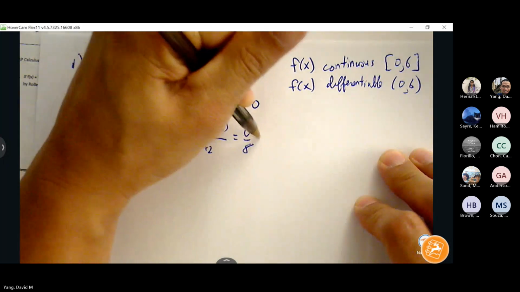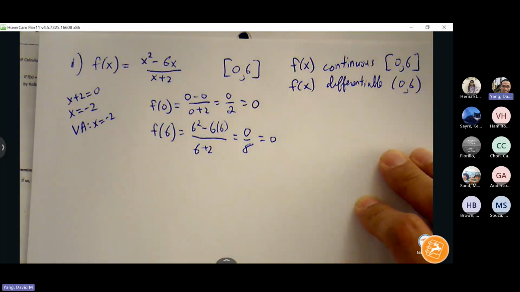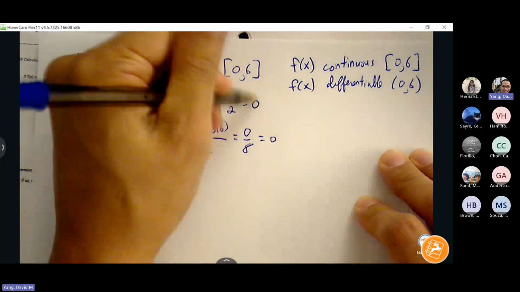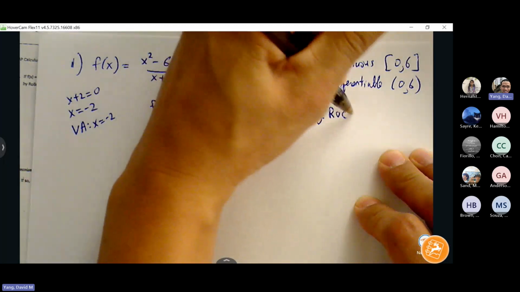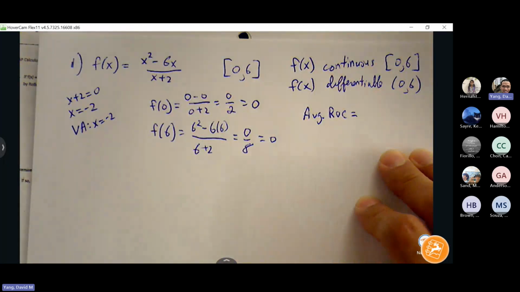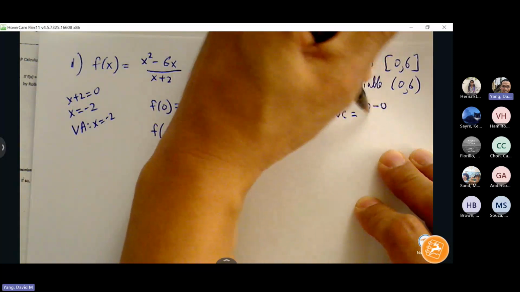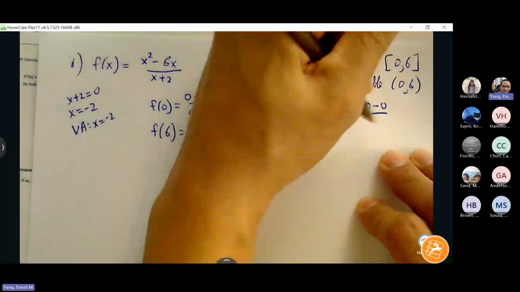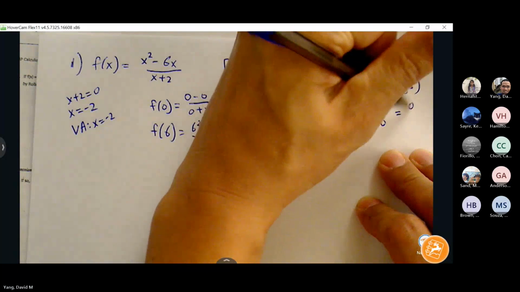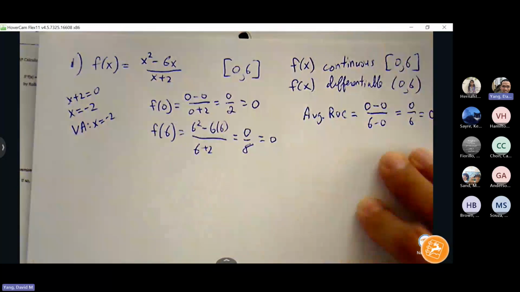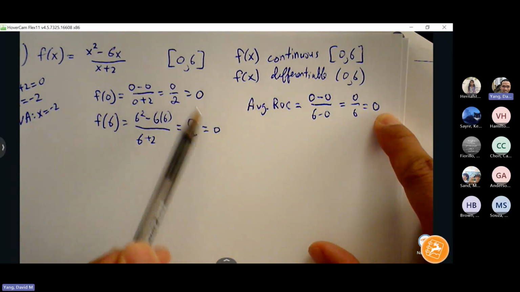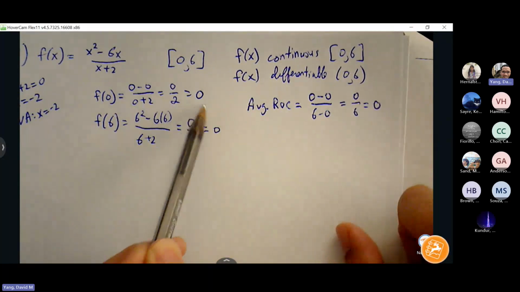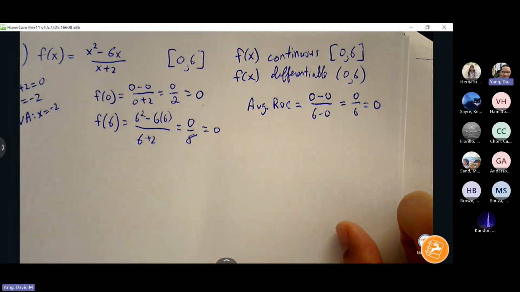Zero over 8, that is also 0. The two endpoints are the same, but if you want to just go through the same steps as mean value theorem, you can also do that. Change in y over change in x. So this confirms that the slope between the endpoints is 0 because the y values are the same. These don't have to be 0. They just have to be the same.